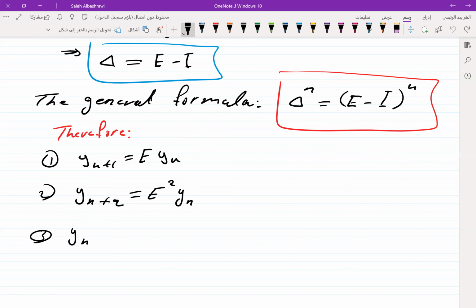The general form: y sub n plus k is equal to E to the power k y sub n.